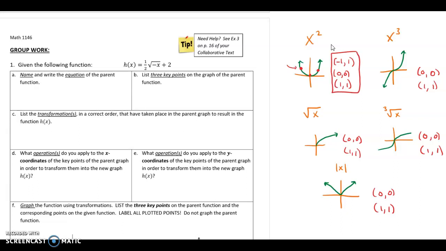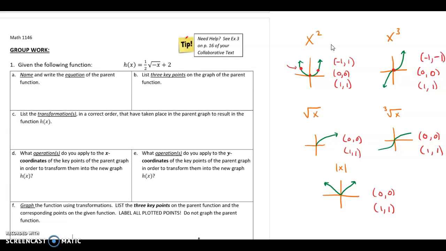So a really important step for these problems over here, and I'm probably going to break this into 2 videos, one where I go over these key points, and then another one where I kind of walk through a couple of this first example. But let's look at this key point. So that first one was (-1, 1). X cubed, if I cube -1, -1 times -1 times -1 gives us -1.